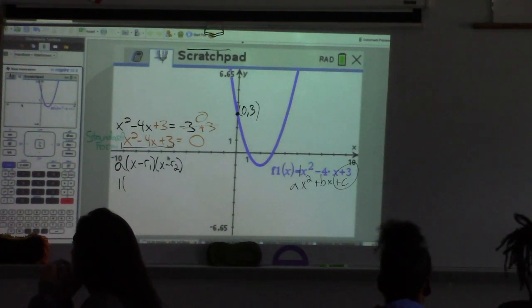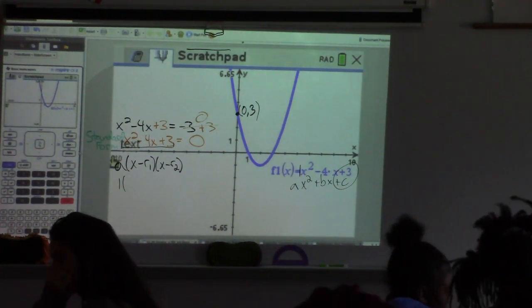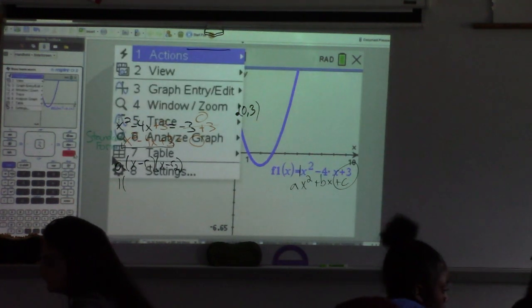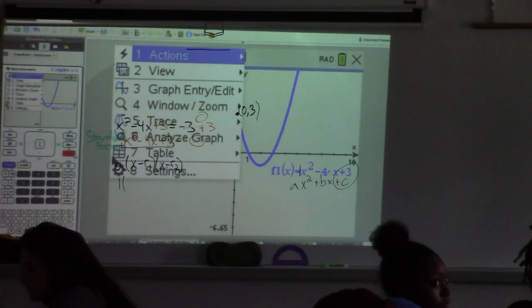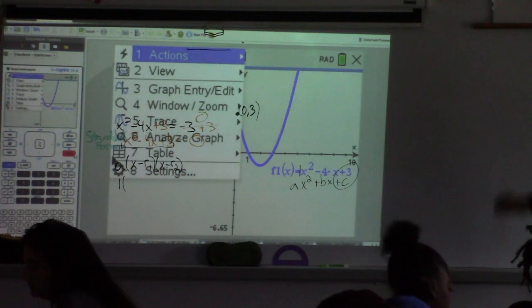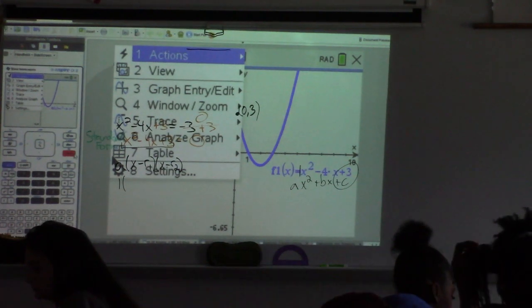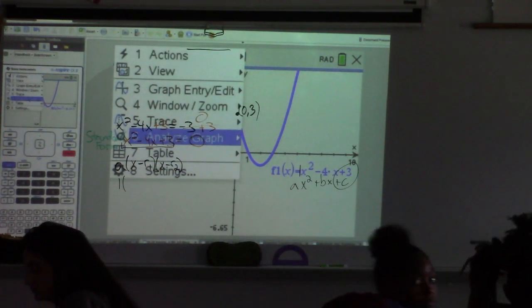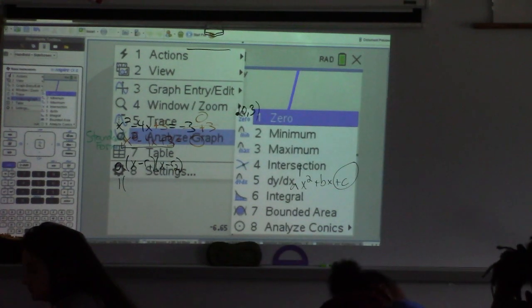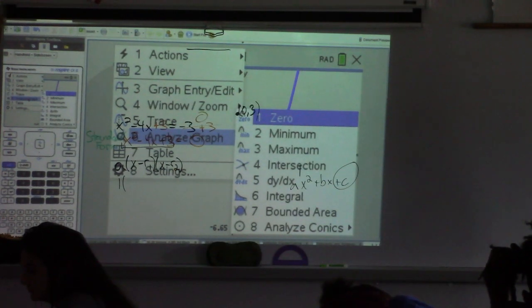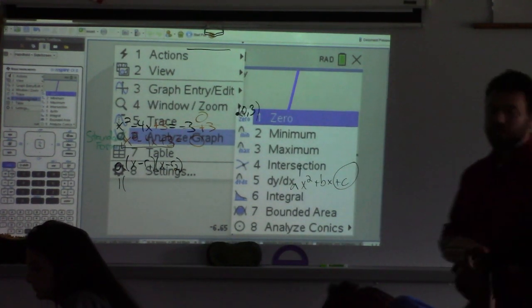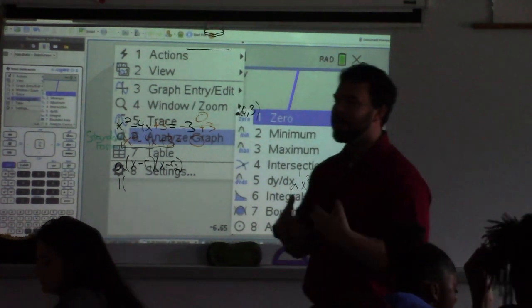Menu. Everybody hit menu. I am trying to do what to this graph to get those roots? Go to analyze that graph. Anybody see another word for roots or x-intercepts? Zero.